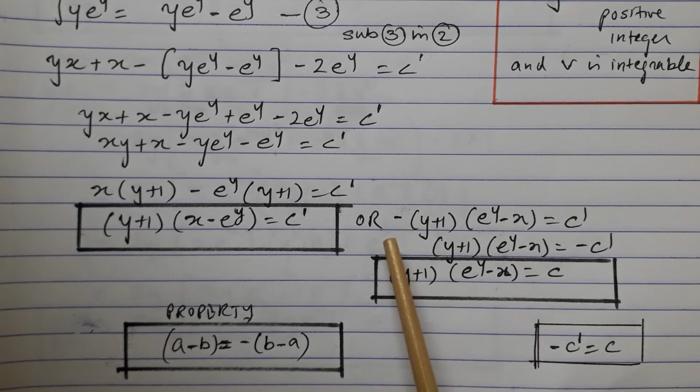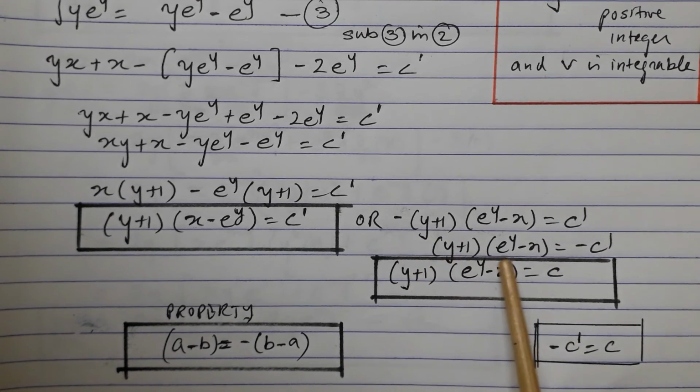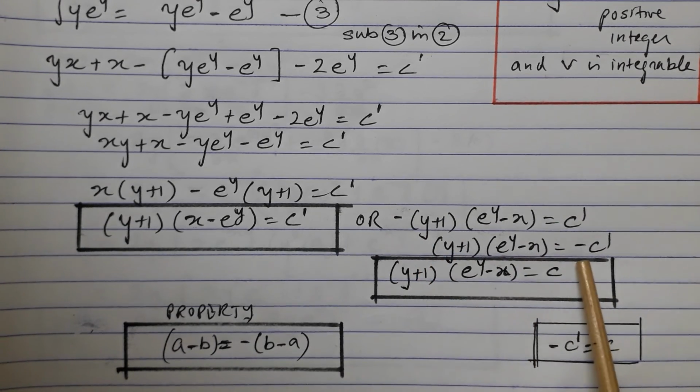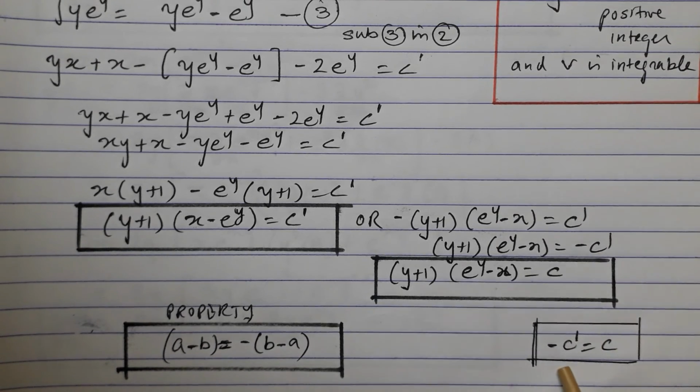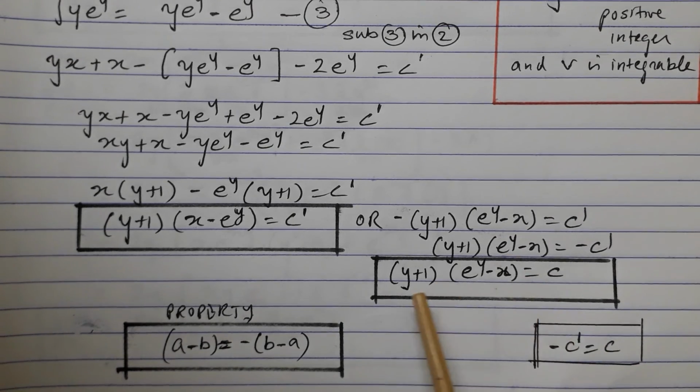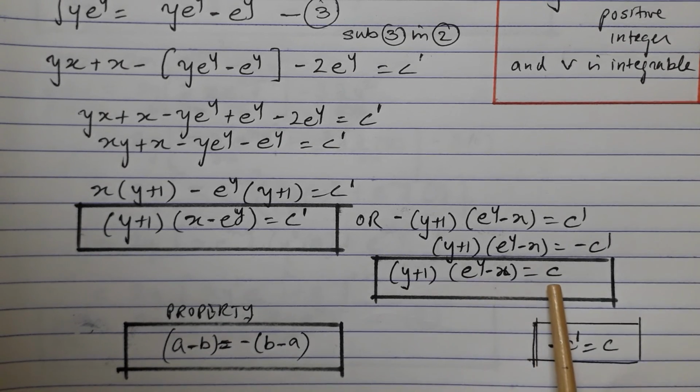Now we multiply with minus 1 on both sides. So it is y plus 1 into e raised to y minus x is minus c dash. And now we can write this minus c dash as another constant c. So minus c dash is equal to c. So y plus 1 into e raised to y minus x is equal to c. This is the required solution of the given differential equation.